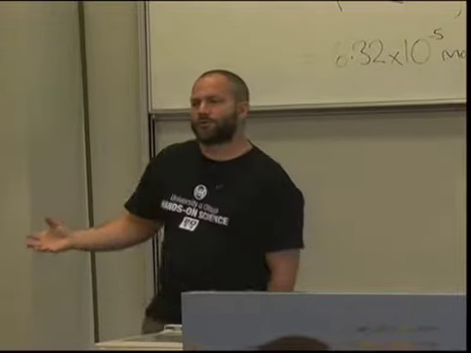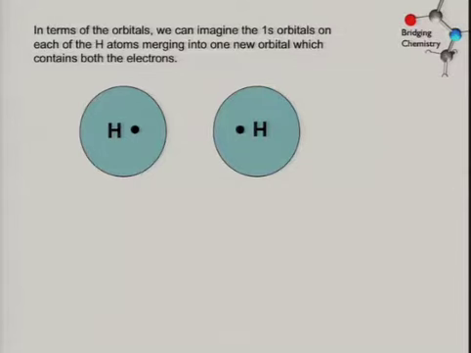Remember we talked about orbitals Monday. In terms of the orbitals, we can imagine the 1s orbitals on each of the hydrogen atoms merging into one new orbital which contains both of the electrons. So this is a little step towards a slightly different way of thinking about how bonding works.